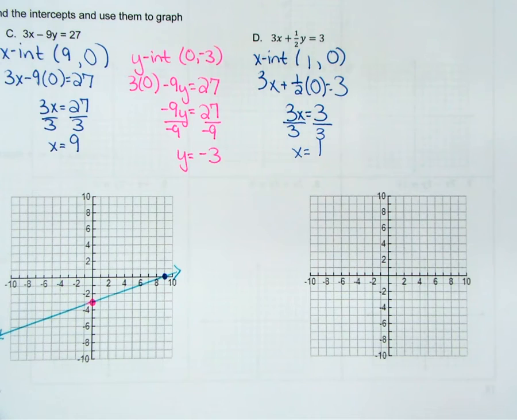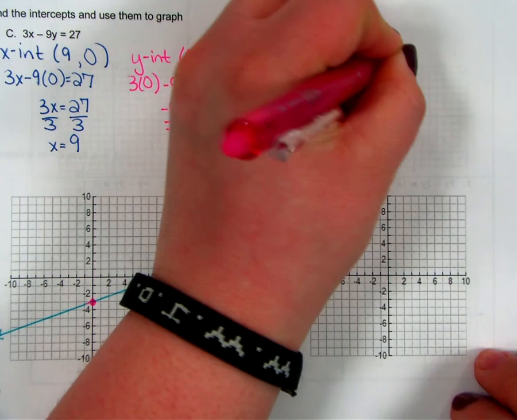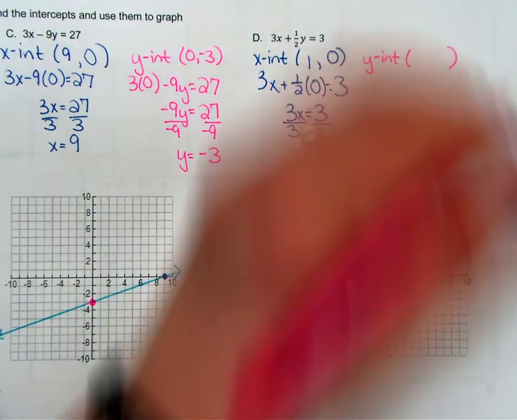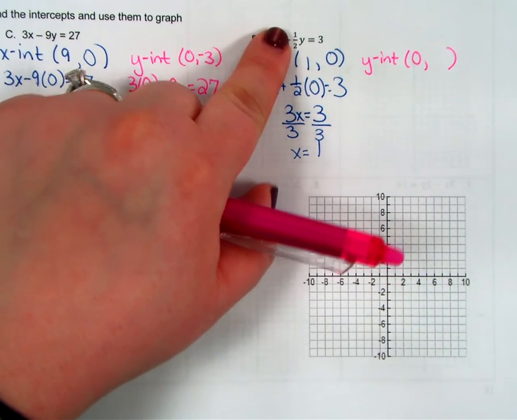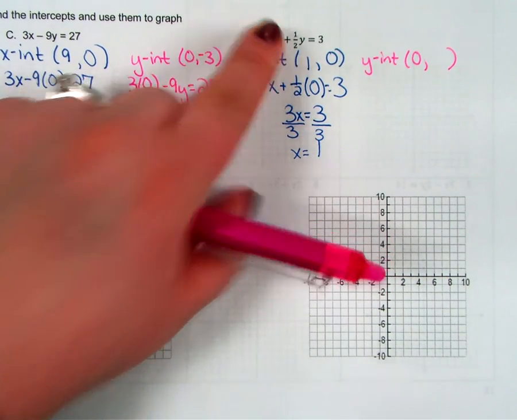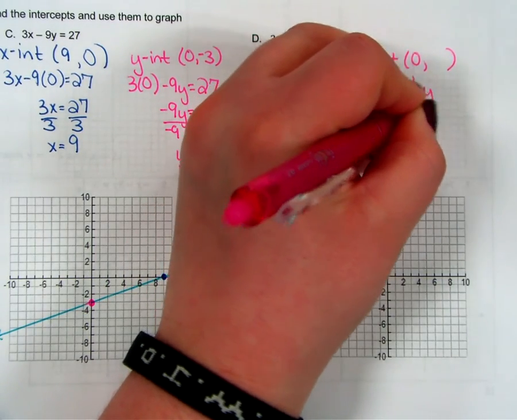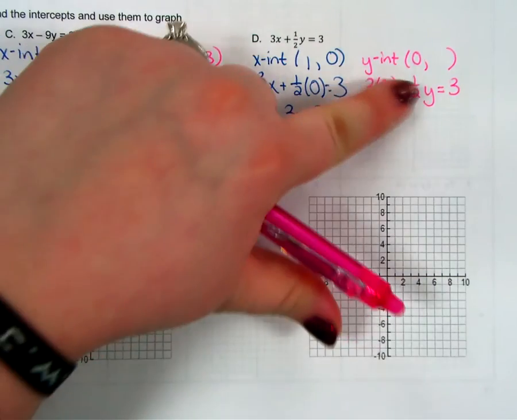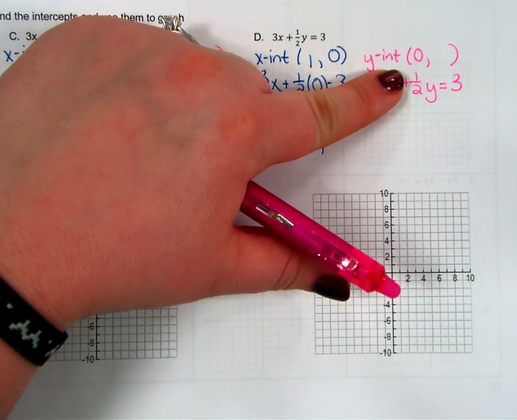Now let's find that y-intercept. Because it's a y-intercept, 0 will be in for x, and that will help inform me how to solve it as well. If 0 goes in for x, that whole first term is going to go away. 3 times 0 plus 1/2 y equals 3. 3 times 0 is just 0, and I have 1/2 y equals 3.